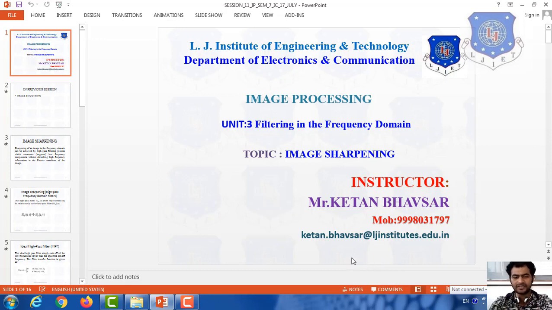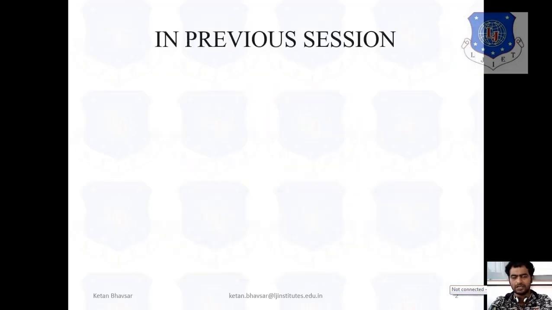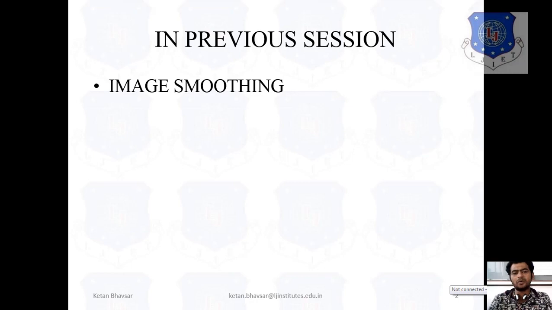So today's topic we will discuss is image sharpening. In the previous session we discussed image smoothing. When we're talking about a filter, we have two techniques for removing noise: image smoothing and image sharpening.